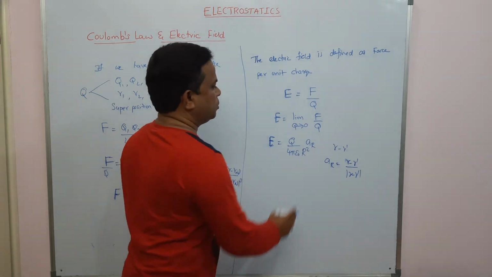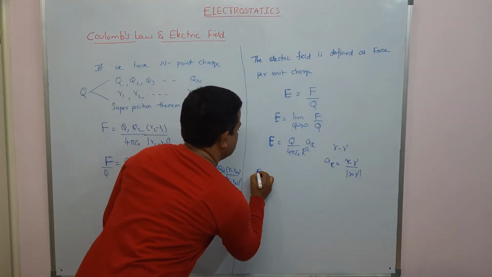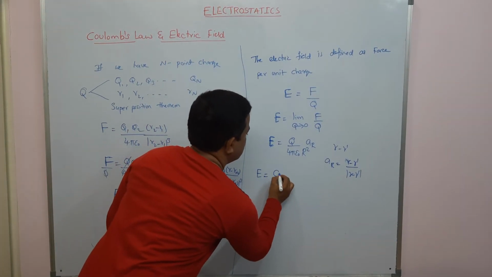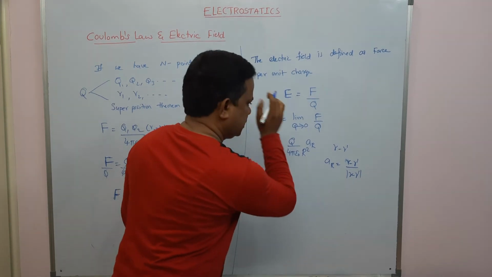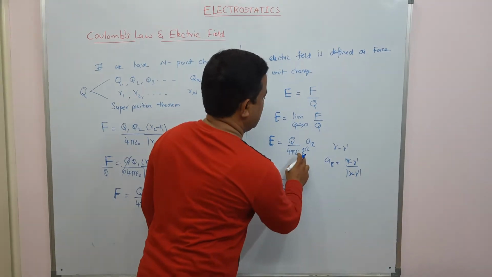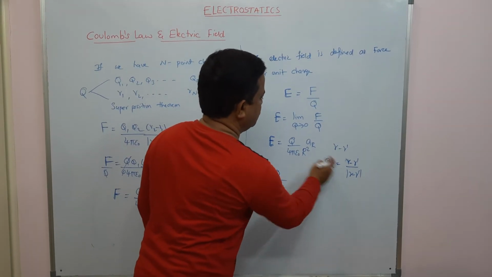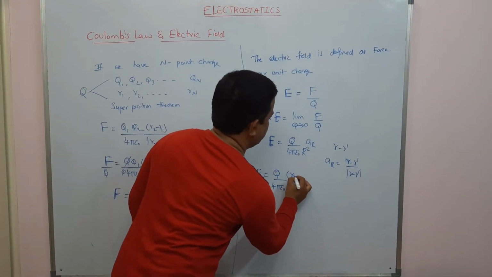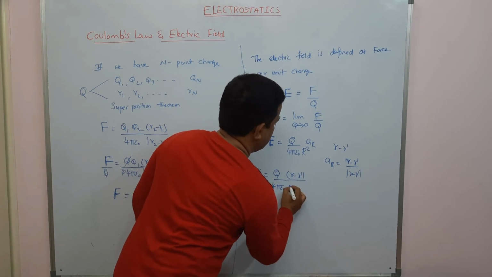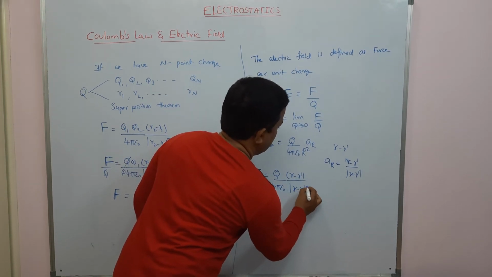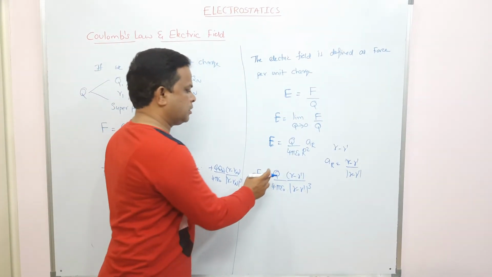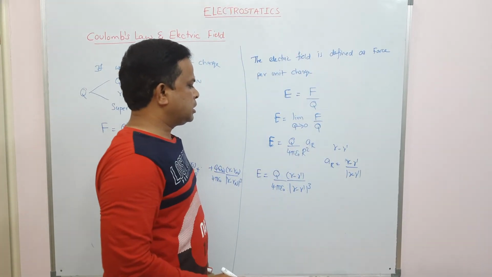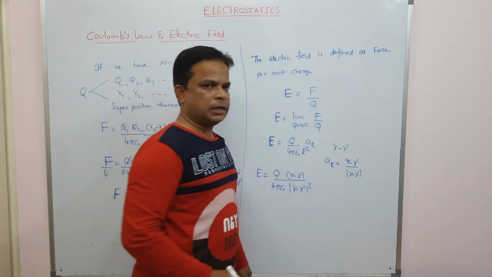So E is equal to Q by 4 pi epsilon naught into r minus r dash by mod of r minus r dash whole cube. This is the electric field equation for the point charge which is located at r dash.